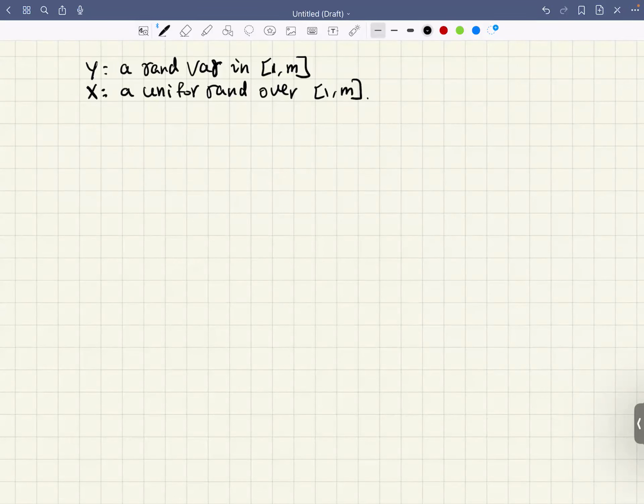So the lemma says, what is the probability for X to be less than or equal to Y?